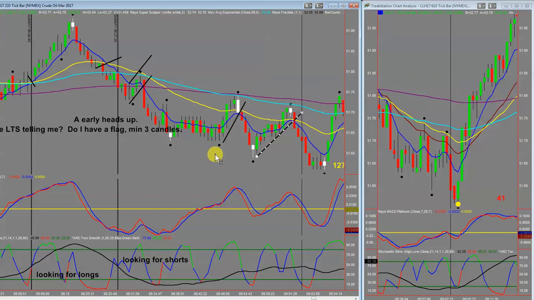But when you're sitting here and I've got 3 candles, let me draw a trend line in. What I'm looking for is a break of the trend line and a break under the 8, or the opposite. That is a break above the trend line if I'm looking for longs, and above the 8, and I'm in.